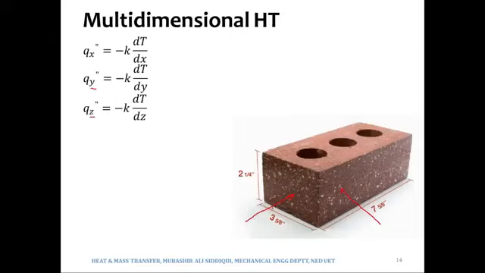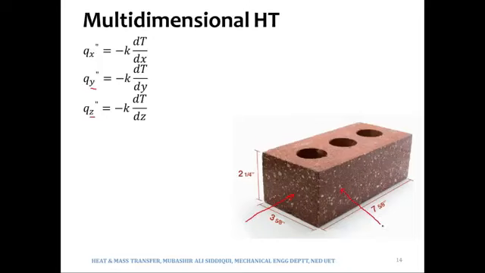When the heat is flowing in the x direction, the area normal to this heat flow would be 3 by 2. So this is what you may call Ax, with x in the suffix of A. Why are we calling it Ax? Because areas in all three dimensions may not be the same all the time.